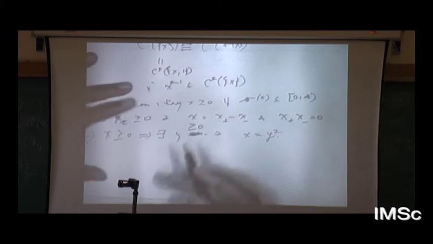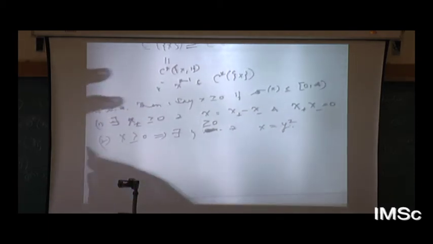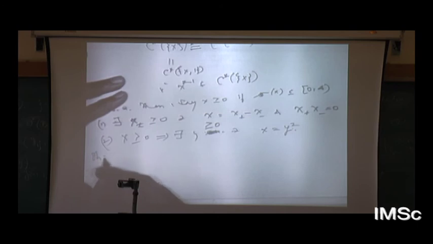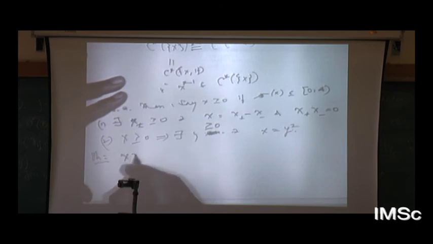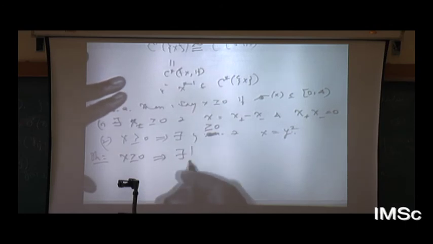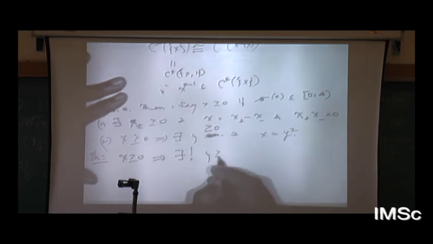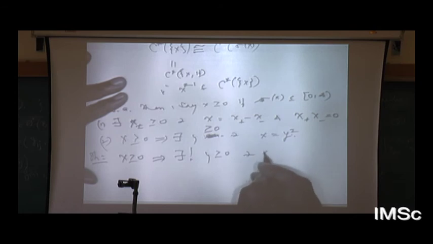Okay, well, but the theorem is that X positive implies there exists a unique positive Y such that X equals Y squared.